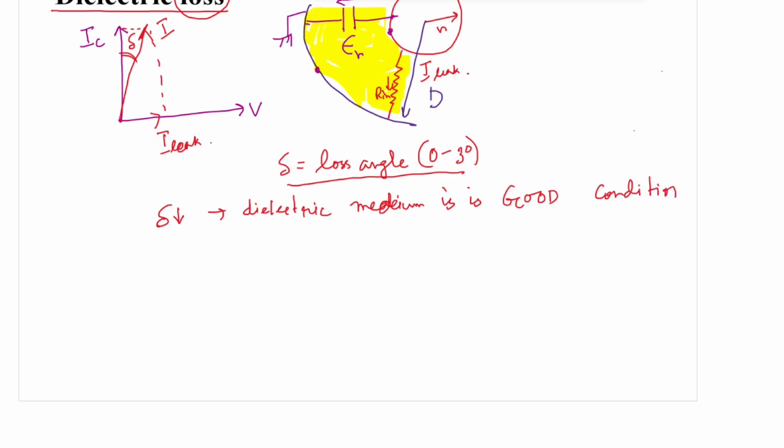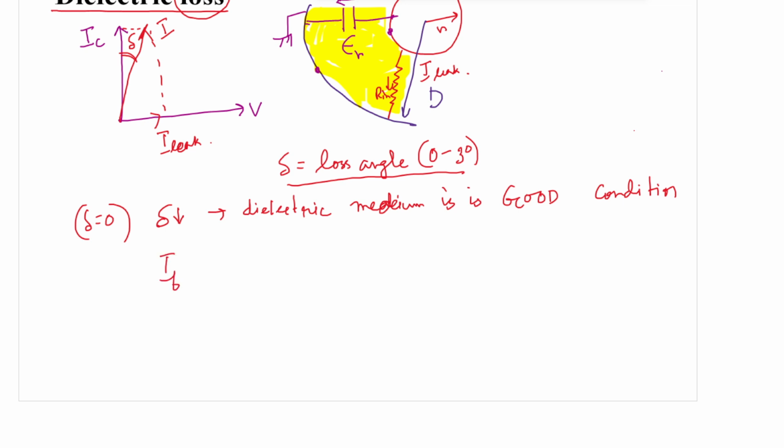Ideally it should be equal to 0, with no leakage current. However, practically that is not possible, so a very small leakage current will always flow, and delta will always have some very small angle. If the delta angle is very small and close to 0, the dielectric medium is in good condition. The closer to 0, the better the dielectric medium.